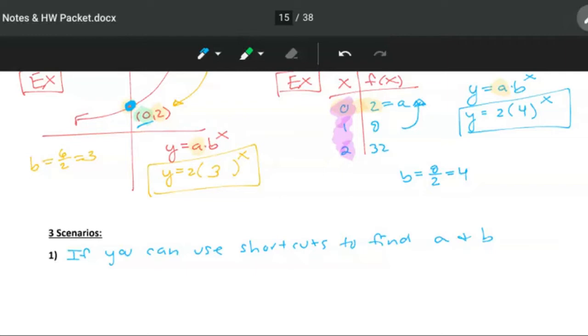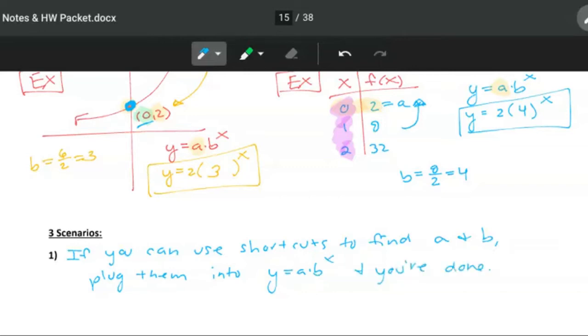And then a shortcut for B is if the points are successive, if they're one right after another. All you got to do is find your A and B, and plug them into y equals a times b to the x, and you're done.